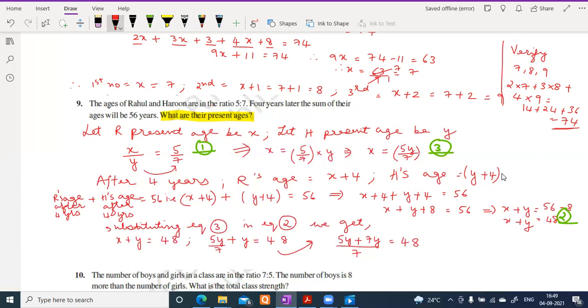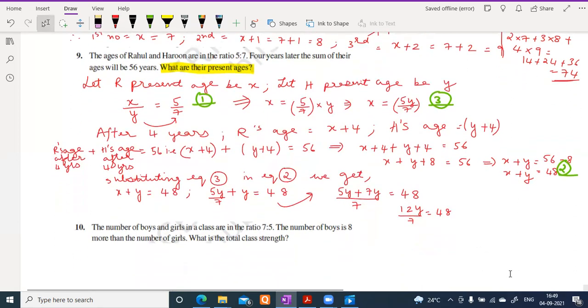So 5y plus 7y equals 12y. 12y by 7 equals 48. Give me 1 second, I'll scroll it down. So therefore y is equal to 48 into 7 divided by 12. The 7 is in the denominator, so when it goes to the other side it becomes into 7.